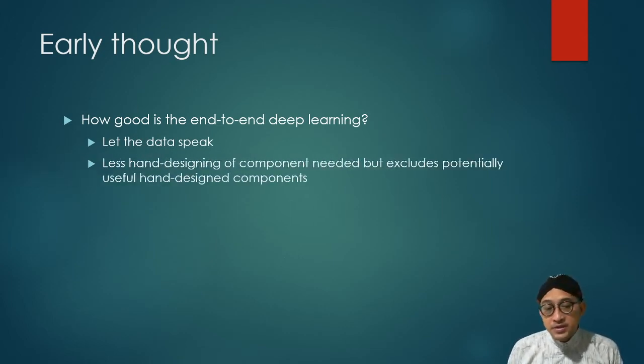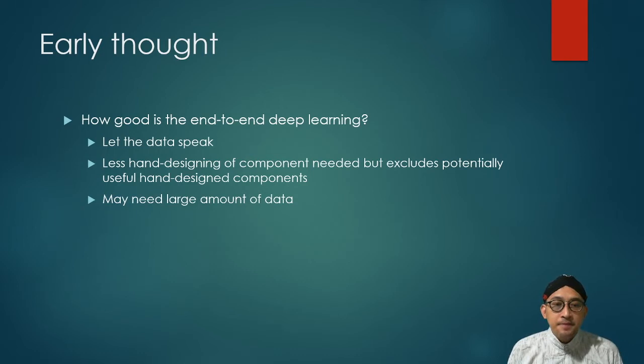So it will potentially exclude many useful hand-designed components such as object detection, path planning, etc. End-to-end learning obviously needs a large amount of data. Simulator will help, but it remains to be seen how good it is in the real world.